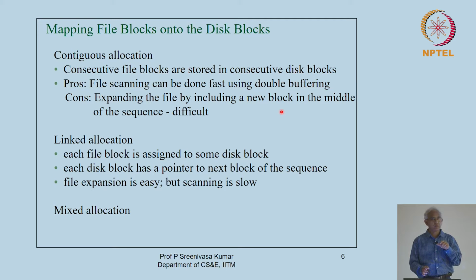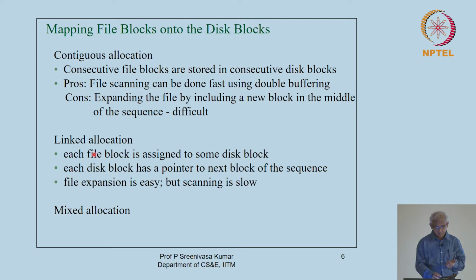If you have to insert a new block in between several other blocks on the disk, roughly in the middle, then it involves reading off half the blocks of the data file and writing them back, which is a very costly operation. Reading so many blocks is a lot of cost.